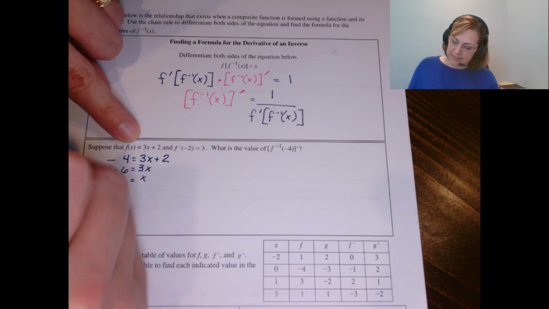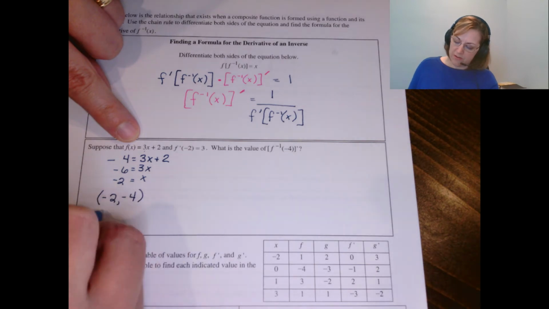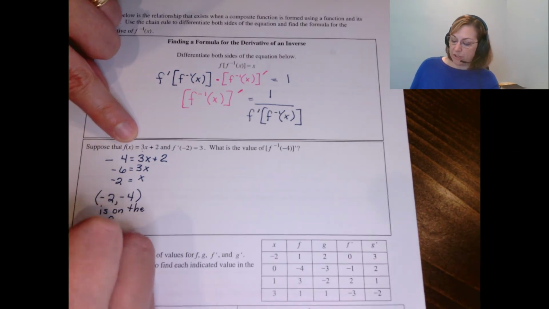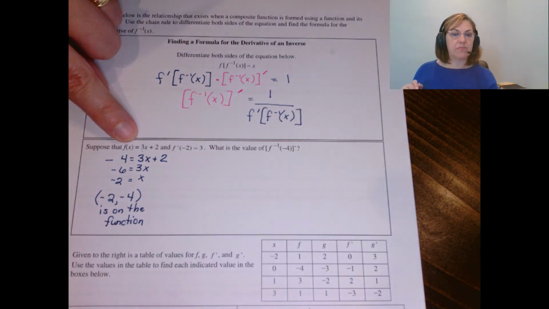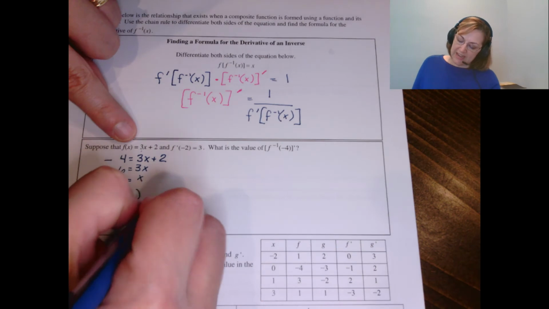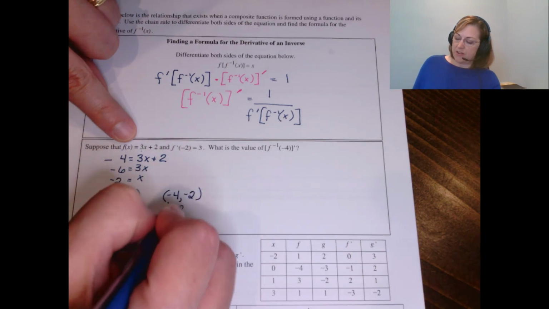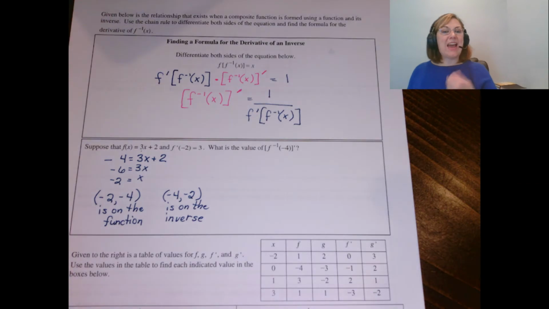So negative 2, negative 4 is on the function, which means negative 4, negative 2 is on the inverse. We have to make that connection.